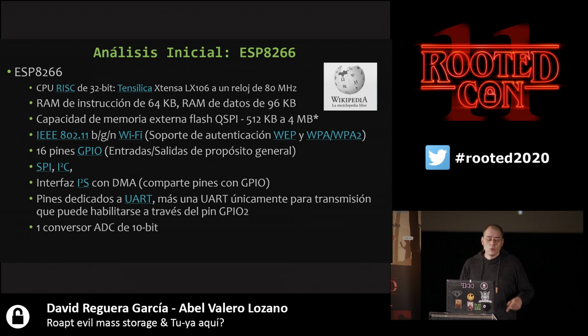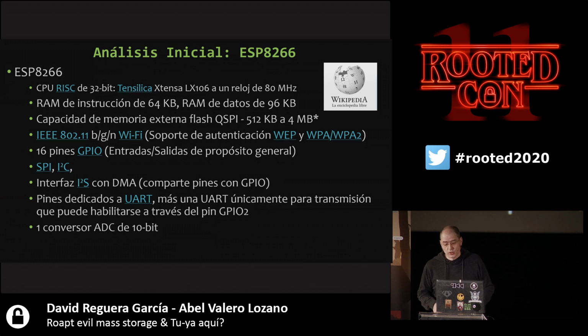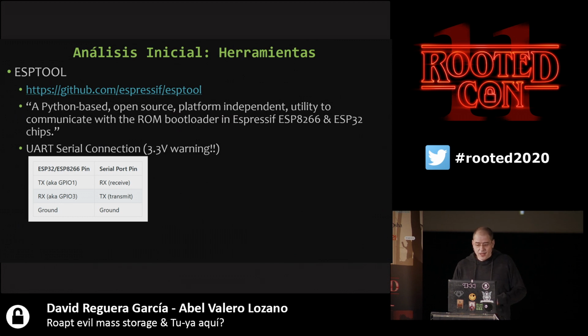You can control 16 outputs, whether it is an LED or whatever. So it has 5 GPIOs activated. So as you can see, these are the specifications for this ESP.